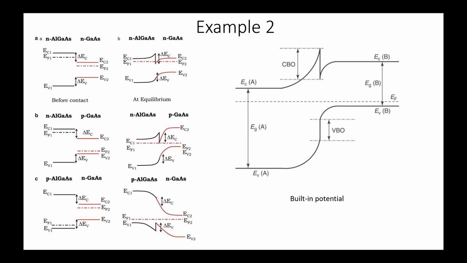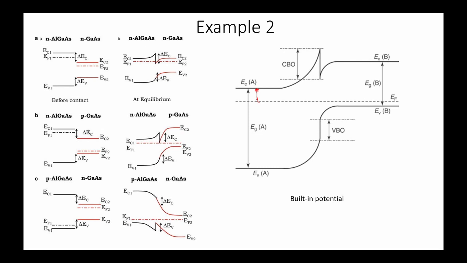Now how we can calculate this: for the built-in potential VBI, let us say this is the gap between EC and EG. Let us do some mathematics for the energies of the band.